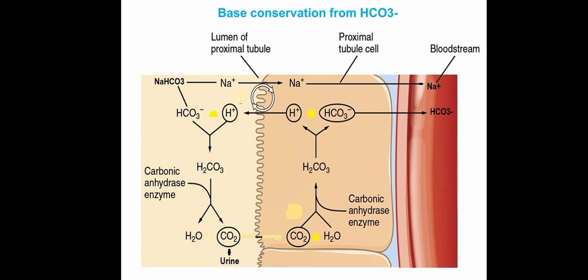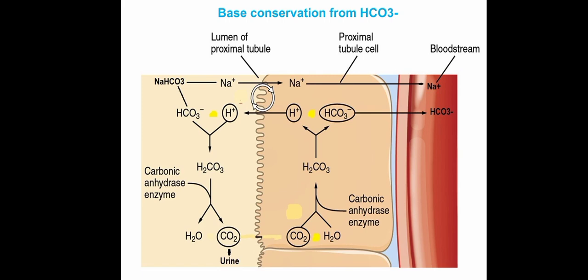H2CO3, that is the carbonic acid, is formed from the water and the CO2 inside the tubular cells, and because of the same enzyme, carbonic anhydrase, it dissociates into H plus and bicarbonate ions. This H plus is then secreted into the tubular lumen. See, that H plus is then secreted into the urine, that is the tubular lumen.